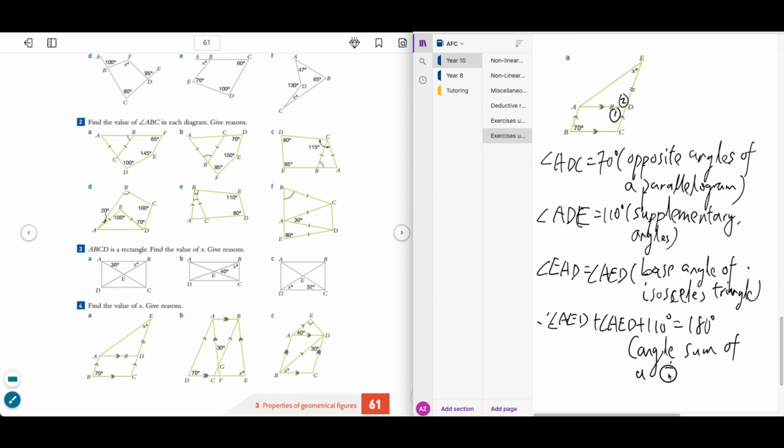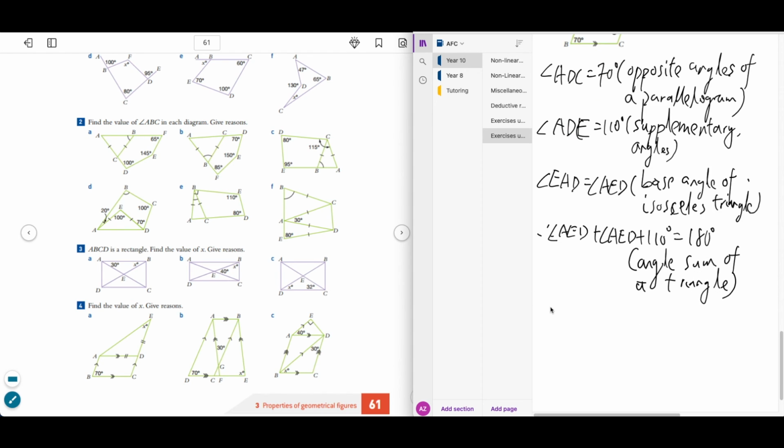Therefore, 2 times angle AED is equal to 70 degrees. Angle AED is equal to what? 35 degrees. So therefore, x is equal to 35 degrees.